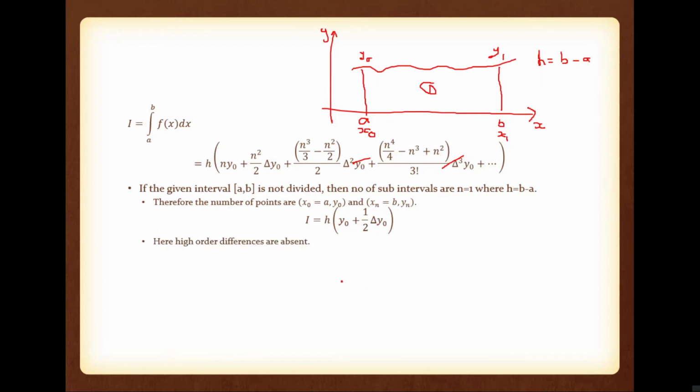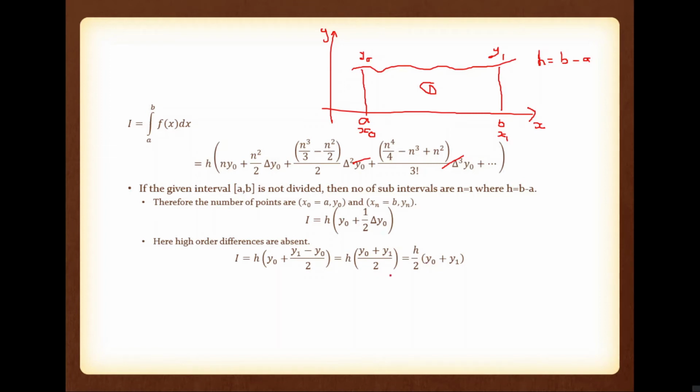So we can write I equal to h into y0 plus y1 minus y0 divided by 2, where y1 minus y0 is delta y0. If you are solving this term, then you can see that this is y0 and here we have y0 by 2. So what is remaining? Plus y0 by 2. So this term will become h into y0 plus y1 divided by 2.